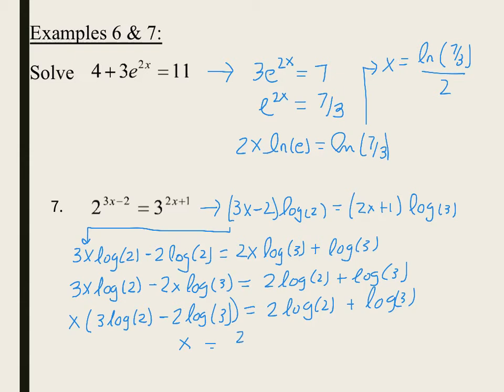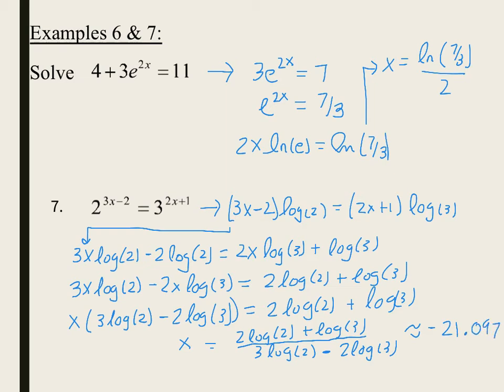We'll get 2 log 2 plus log 3, and I could do something with the powers here if I wish, but you'll get the idea, over 3 log 2 minus 2 log 3. And of course we could do some more manipulation. Turns out that this is approximately equal to negative 21.097.